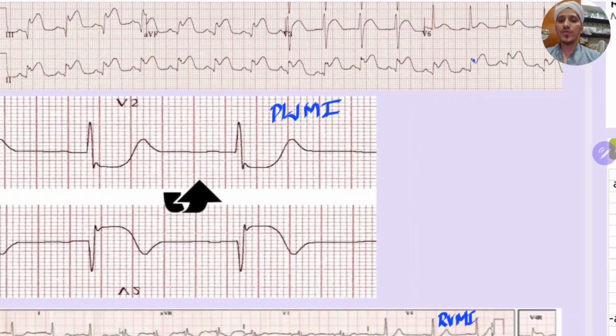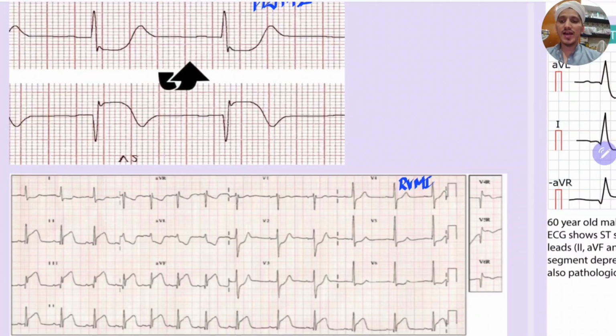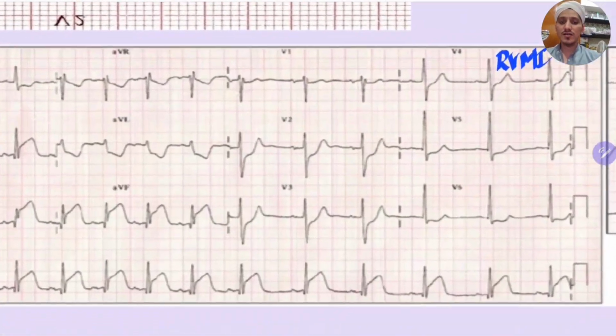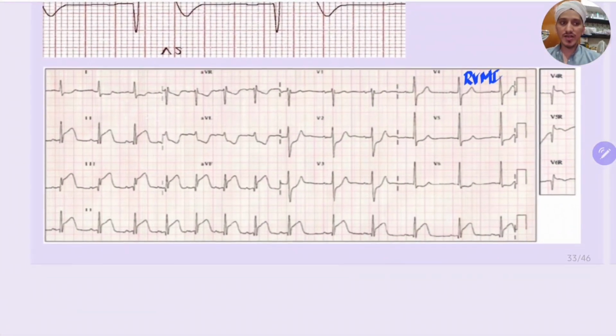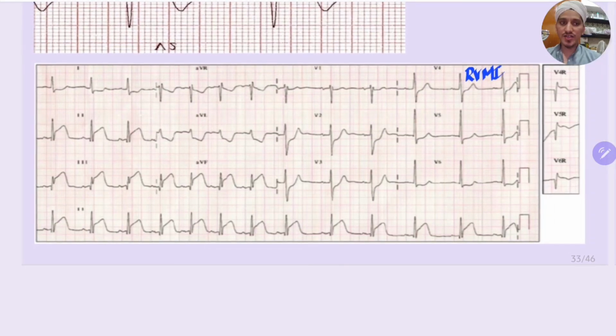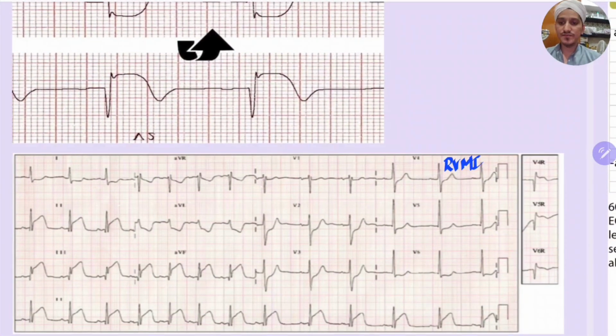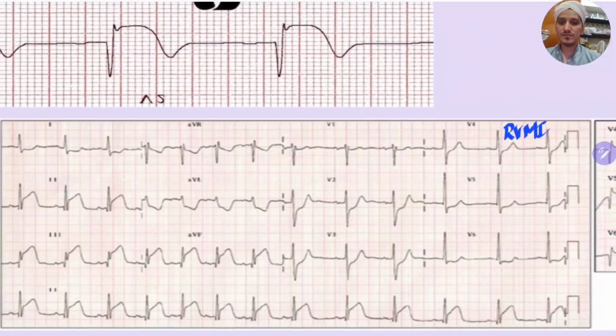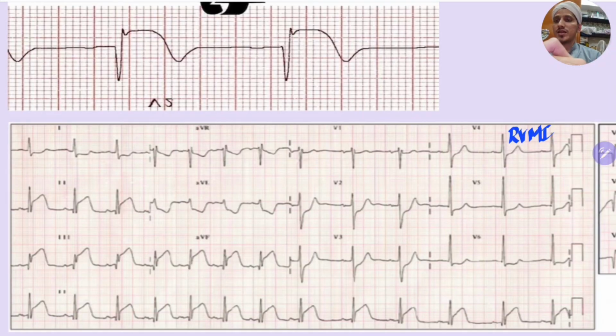Now we will move to right ventricular myocardial infarction. See here. Where will you see the changes in right ventricular myocardial infarction?